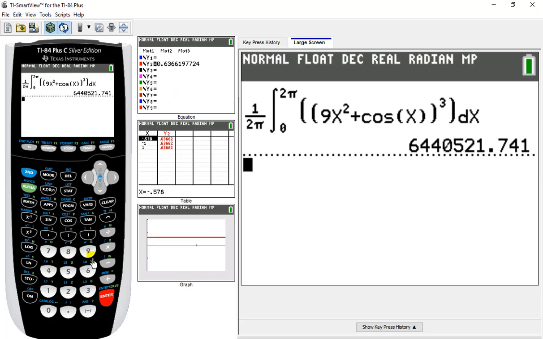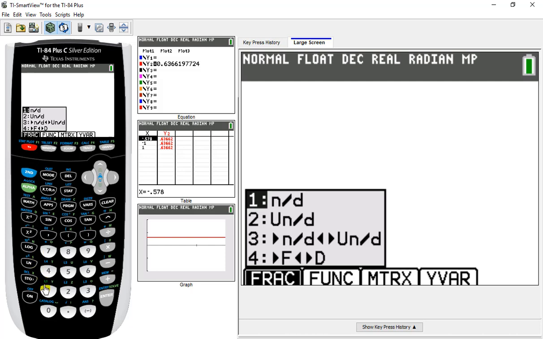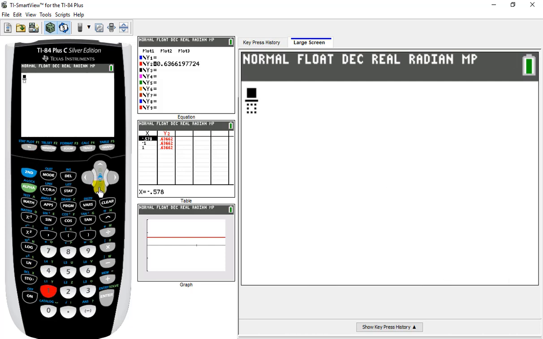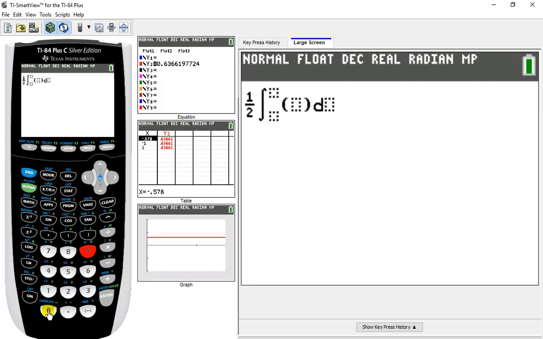So we're going to pop this in. I'm going to start off with my fraction again so I don't forget that. So I'm going to do 1 over, and the interval was 2 to 4, so 1 over 2, and then we'll do math 9 again for the integral, and we're going to do 2 to 4 here as well, and then we're going to pop in yet another fraction.